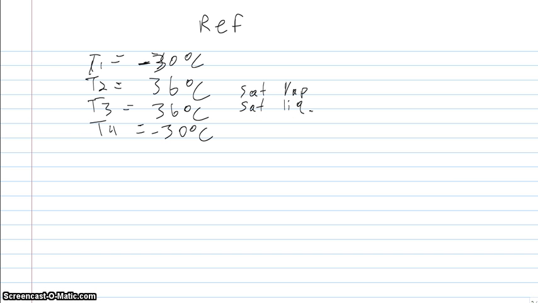So, we can go and find the H values. The H value for H2 is 260.11 kilojoules per kilogram. And for H3, it's 89.29 kilojoules per kilogram.